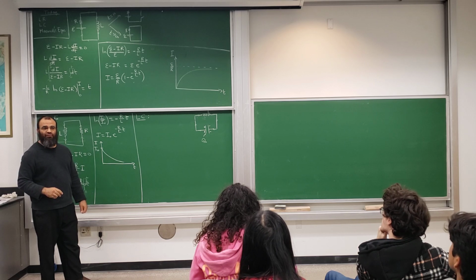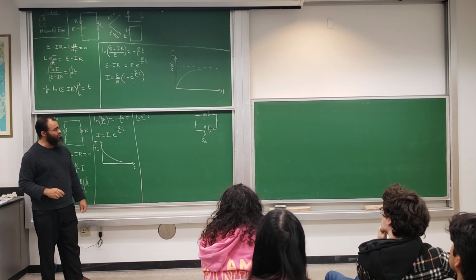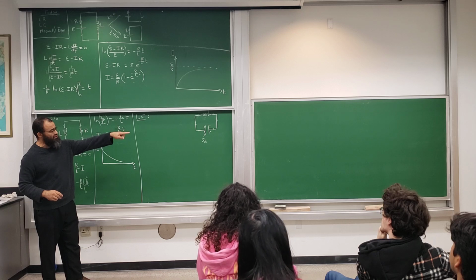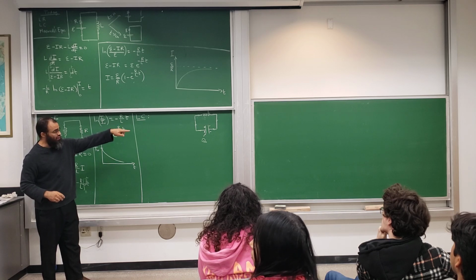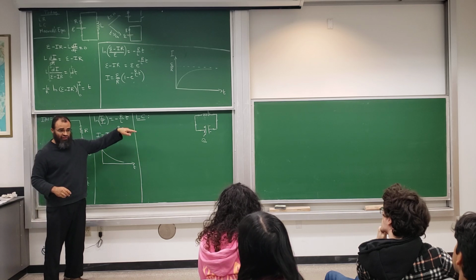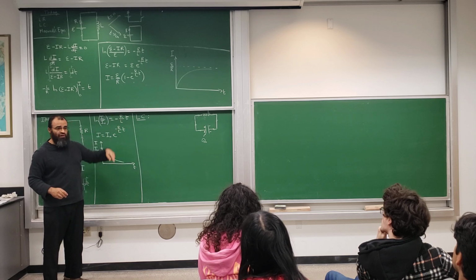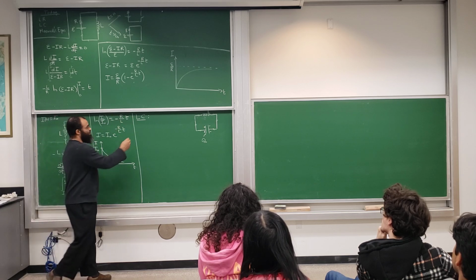Where does the current come from? Flow of charge, right? So the positive plate is losing positive charge. The positive charge of the positive plate is decreasing, and the current will go that way, right?